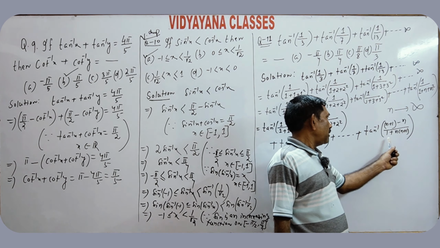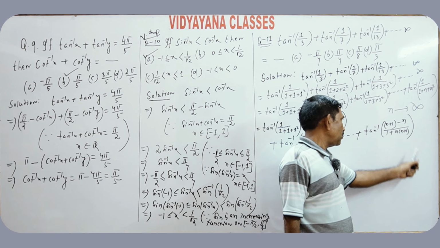Tan inverse x minus y divided by 1 plus xy.